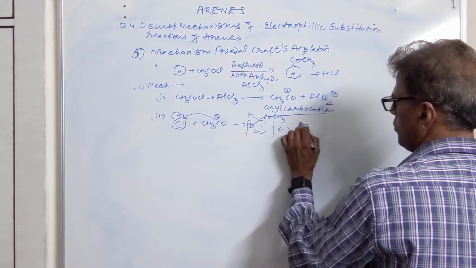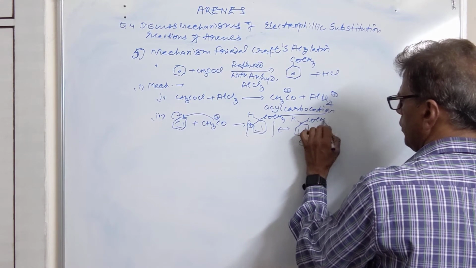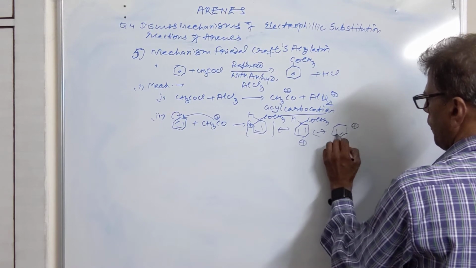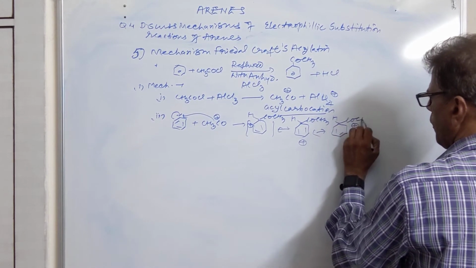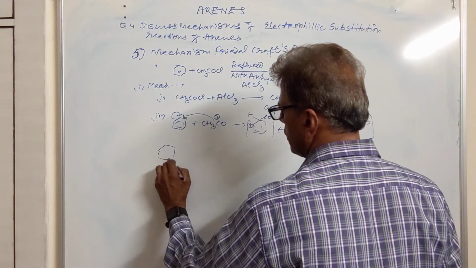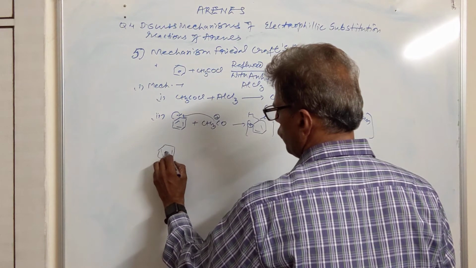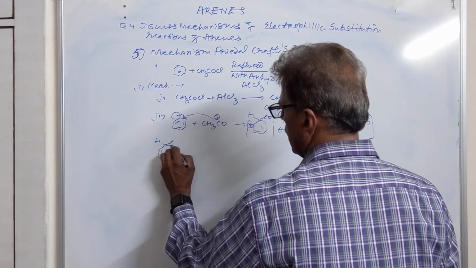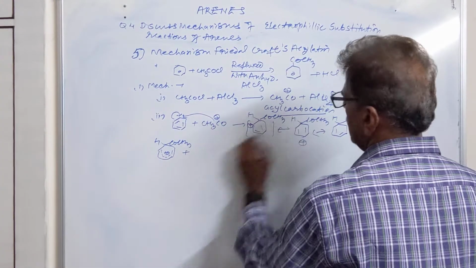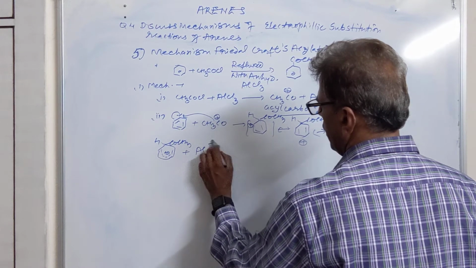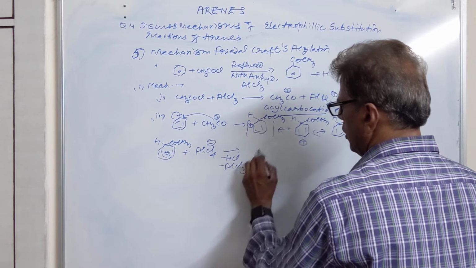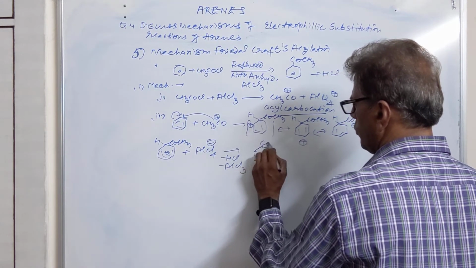This positive charge comes here in the next step. Now what is the resonance hybrid of this? Positive charge flows from this position to this. It will combine with this reagent AlCl4 negative, which will take up H from here and will give us acetophenone.